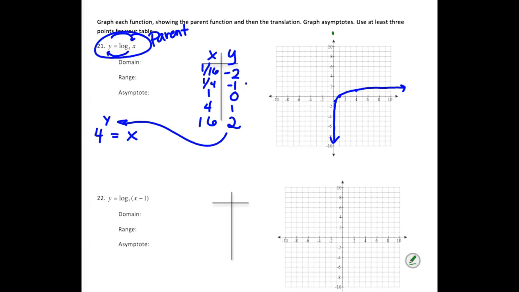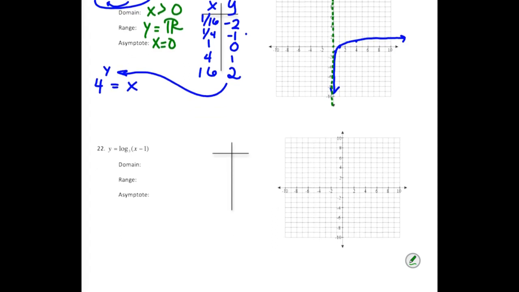My asymptote in this case is right here on the y-axis. It has an equation, x equals 0. My domain is everything to the right of that. So my x's have to be bigger than 0, to the right of 0. My range for y can be all real numbers.